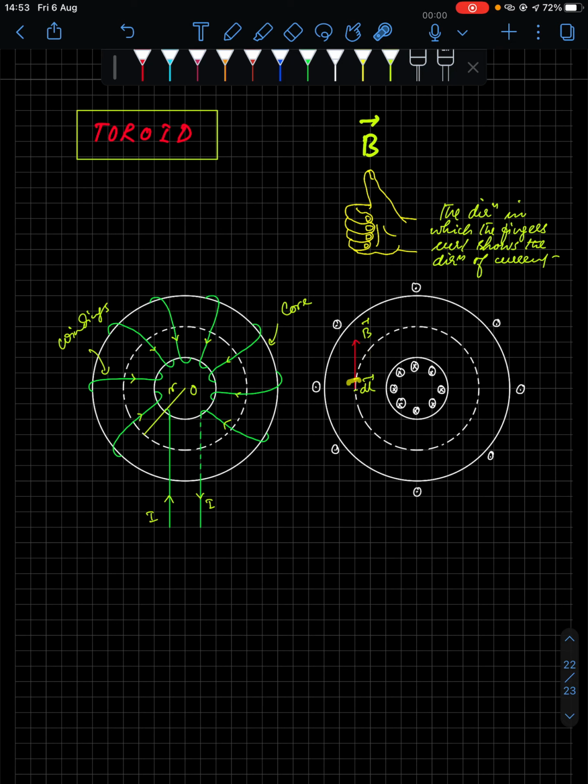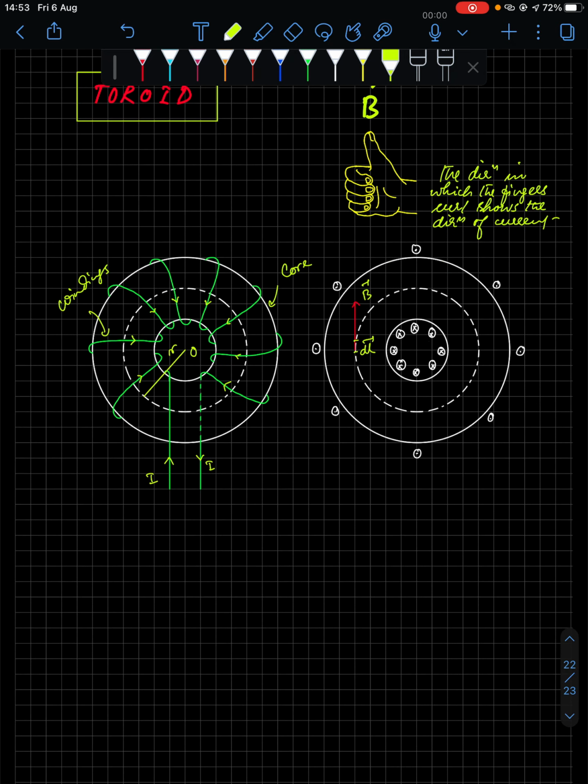Consider a small length dl. The entire length is 2 pi r. The dl vector and B vector act along the same direction, so the angle between them is 0 degrees. So straightaway we apply Ampere's circuital law.